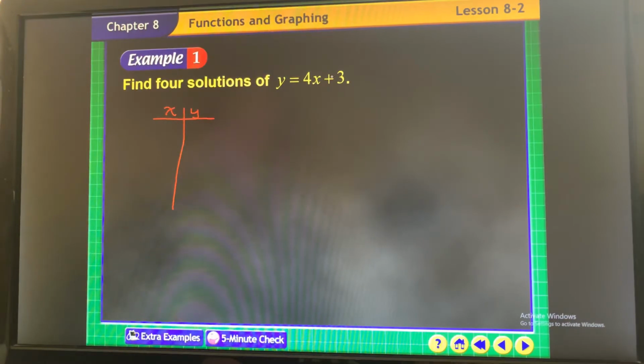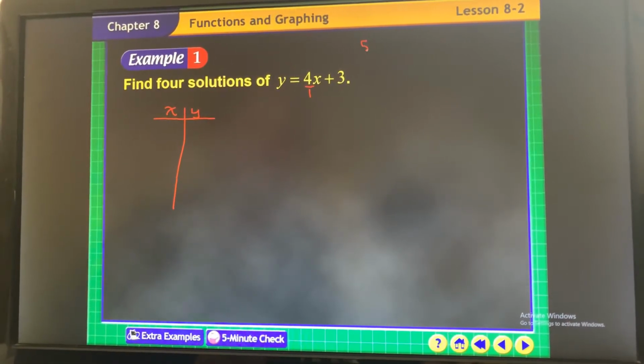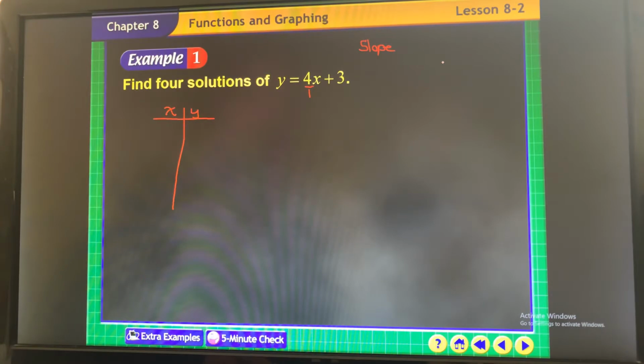For your x value, because I'm not dealing with any fractions here, you're going to put a 1 underneath here, and you're going to remember something that's really important. Slope tells us what a line is doing. It tells us if a line is increasing, or if it's a positive slope, or if it's a negative slope, if it's steep, or if it's not steep, okay?